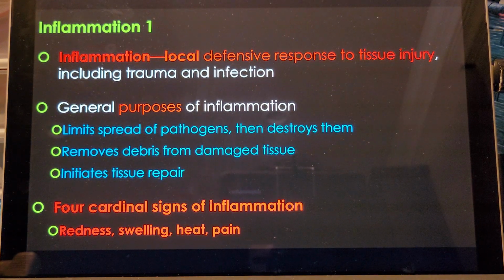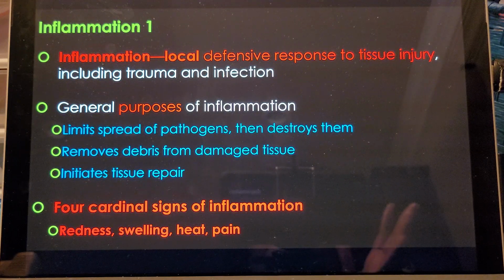The next generic response, or innate response, to an infection is inflammation. This is a local response to an injury. The purpose of that is to limit the spread of pathogens, so it's going to corral them into that area. Then all those white blood cells that come in can help destroy the pathogens that have been corralled in that area. It also allows for removing debris from the damaged tissue.